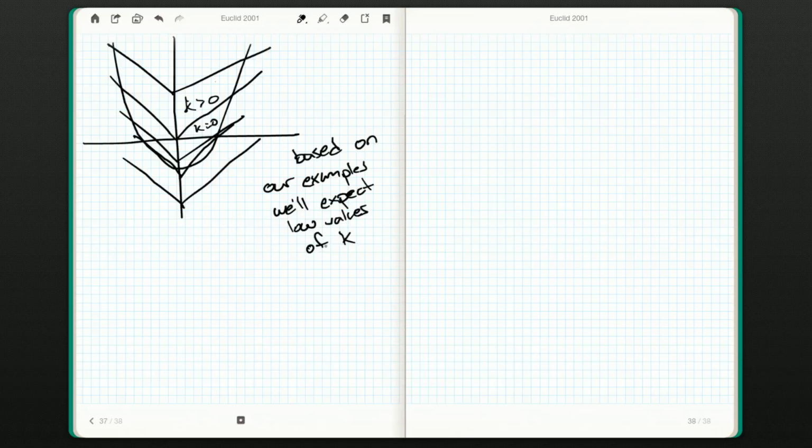But how are we actually going to do that? Well, it's hard to manipulate 2 absolute value of x plus k in any equation. It's because of that pesky absolute value sign.